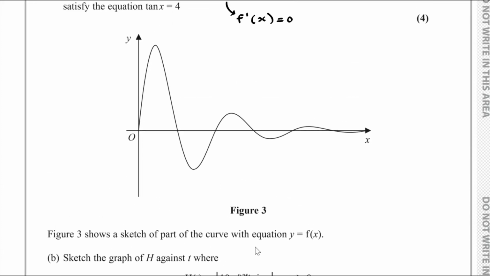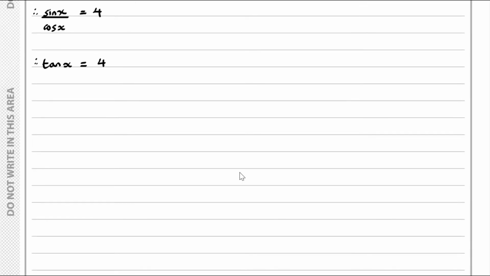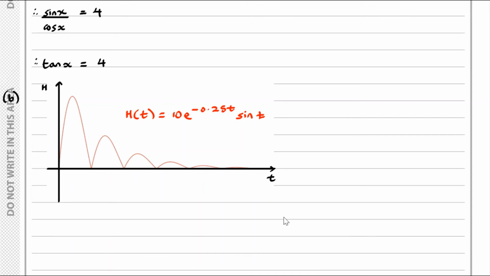Okay, so if we mod a graph, we reflect it in the x-axis, and it's quite straightforward to do. We have the following. Okay, so that's a diagram. Just been modded in the x-axis.